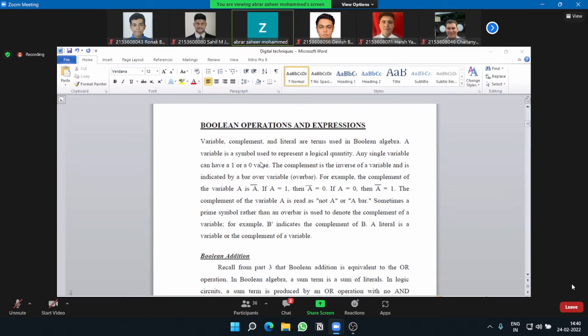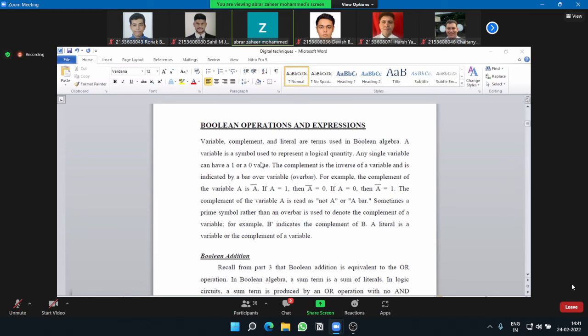What is the complement? That is the inverse of the variable and it is indicated by the bar. For example, the complement of A is A bar. If A is equal to 1, then A bar will be equal to 0. If A is equal to 0, then A bar is equal to 1.